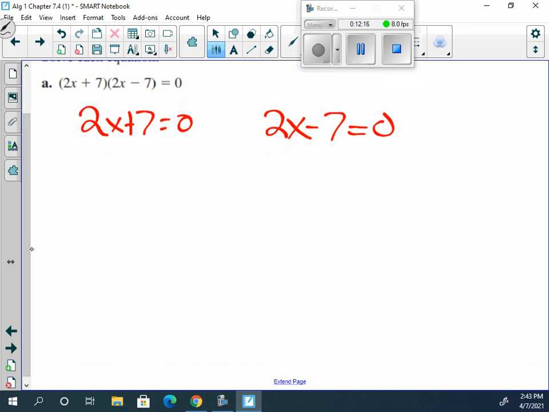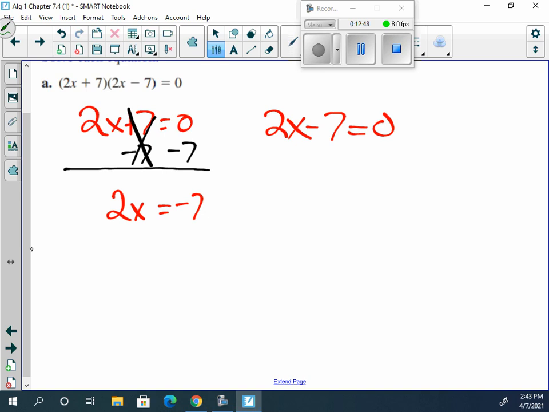So let's look at the one on the left first. What can we do first in getting x by itself? We can subtract 7. We want to do addition, subtraction first. So we'll subtract 7 from both sides, because 7 minus 7 is 0, which gives us 2x is equal to negative 7. Now what would we do next?